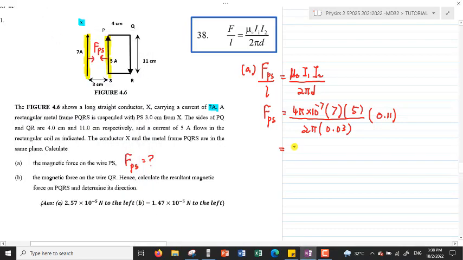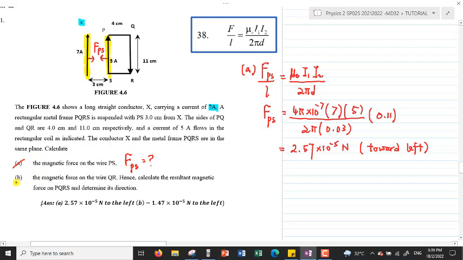So our answer should be 2.57 × 10^-5 Newton. The direction is towards left. Why is it towards left? Because these two wires carry current in the same direction, so wire PS will be attracted towards wire X. Alright, then we're done.